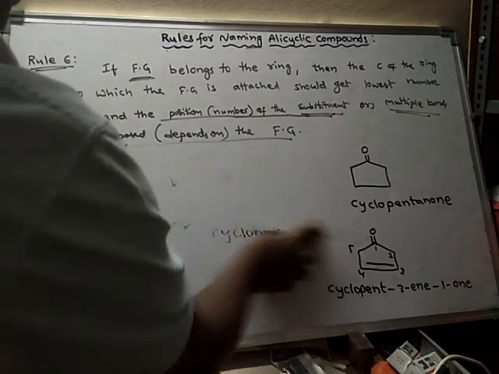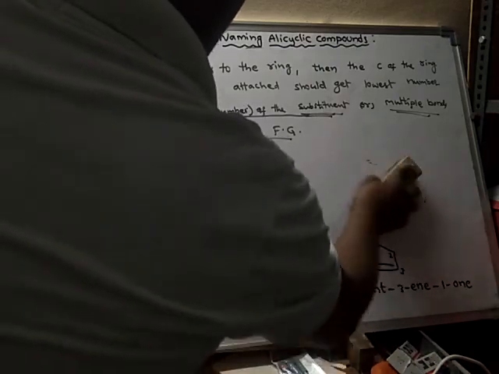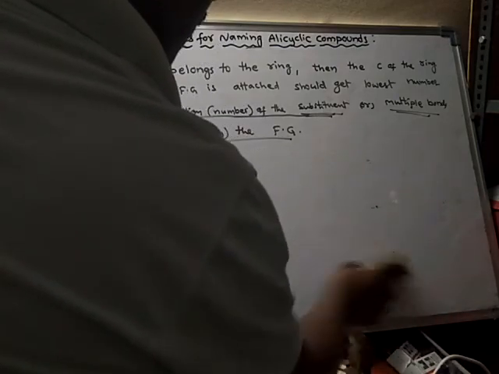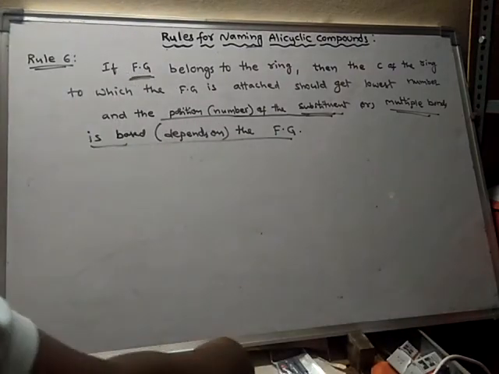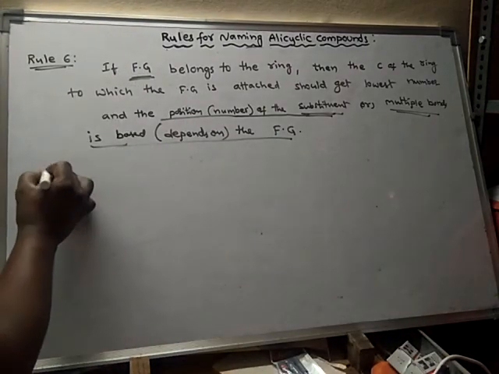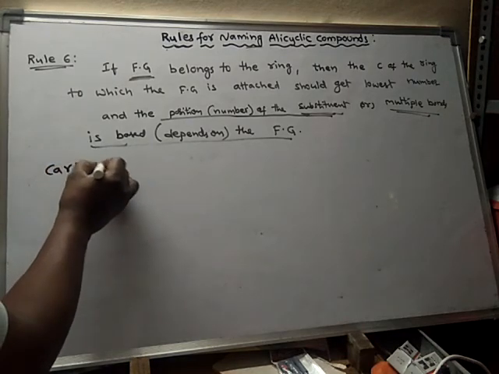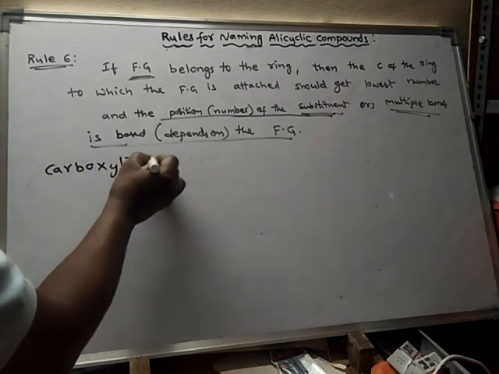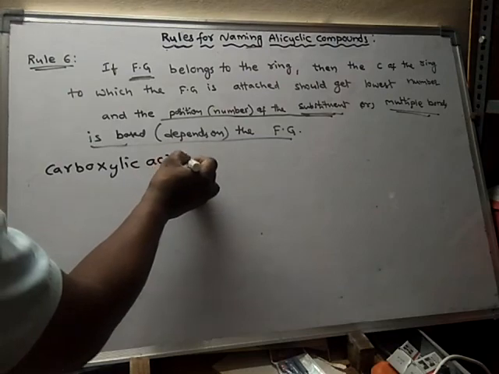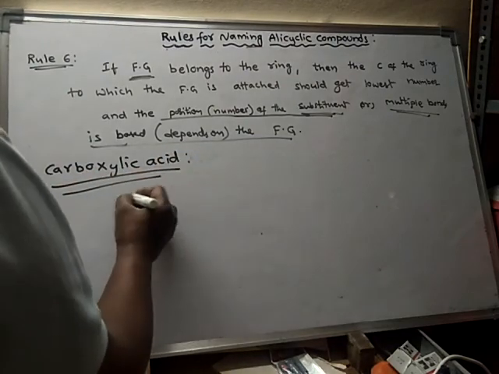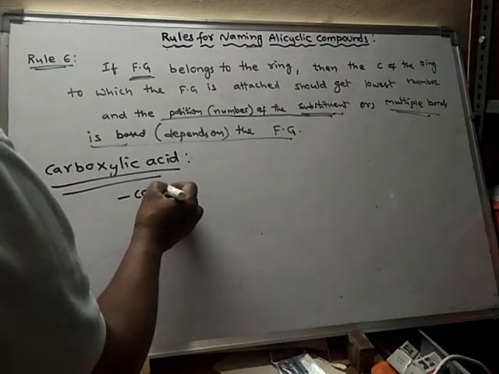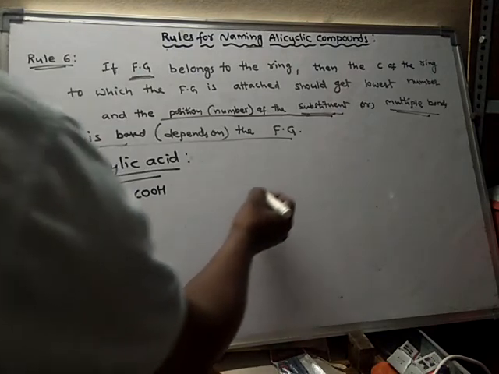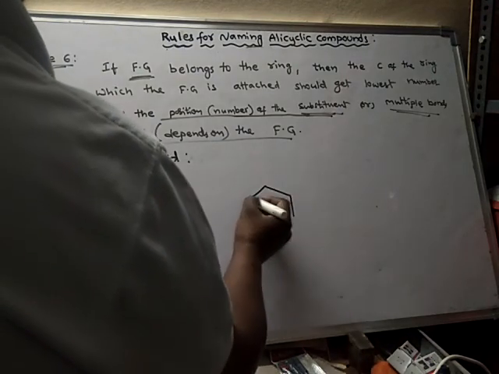Now let us learn the name of the compound when carboxylic acid is present as the functional group. Carboxylic acid. When carboxylic acid functional group is present, carboxylic acid means COOH functional group. So now let us learn the name of this compound.